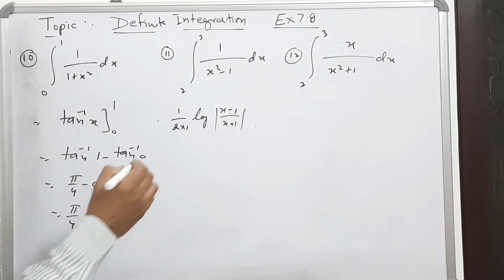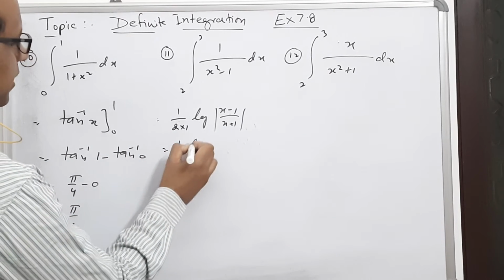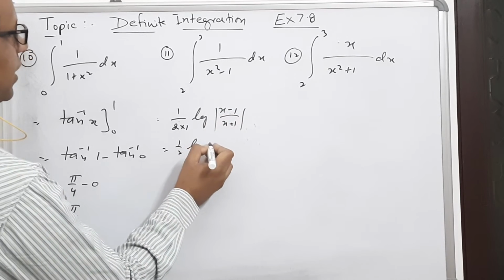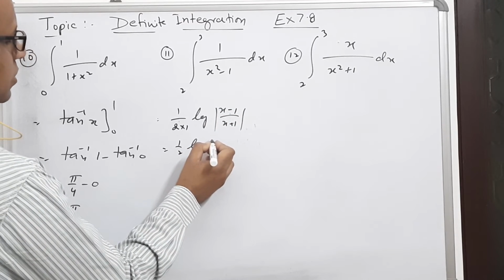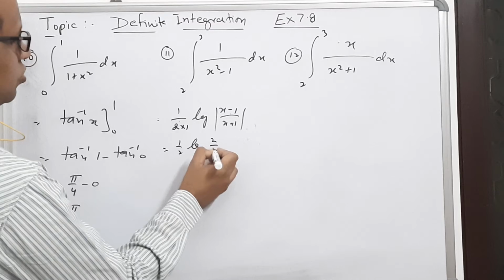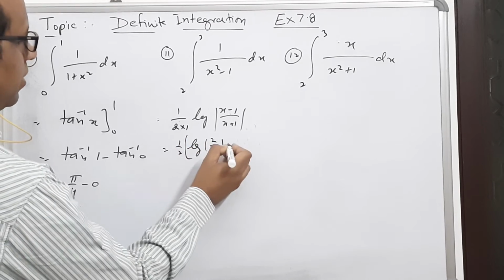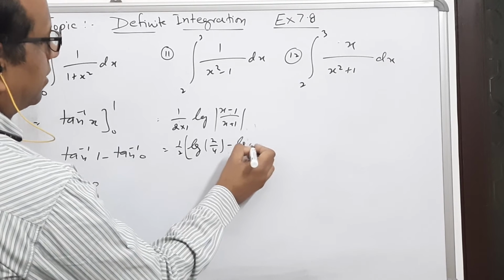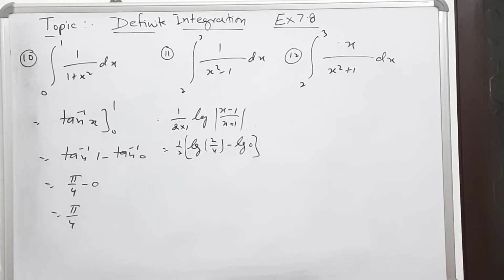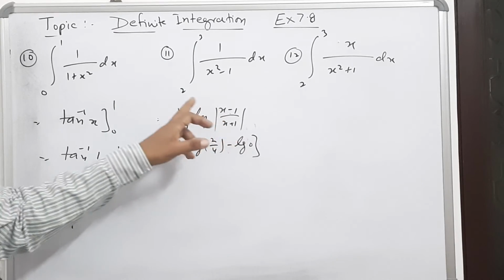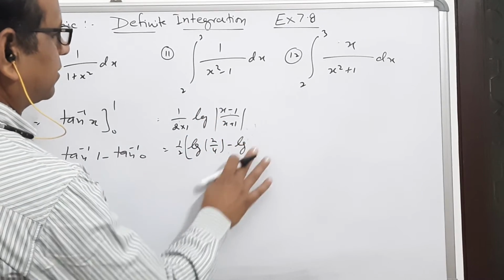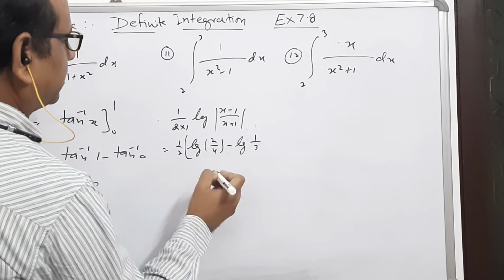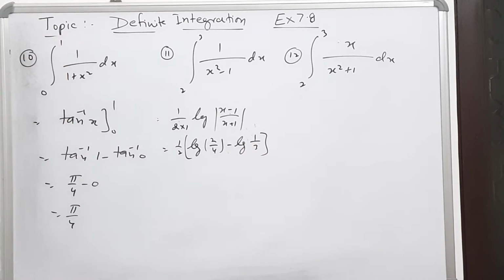Now when you put the value 3, then it is 1 by 2 log 3 minus 1 upon 3 plus 1, so it is 2 upon 4. And when you put x equals to 2, it will be log 1 upon 3. So that is the final answer for this one.